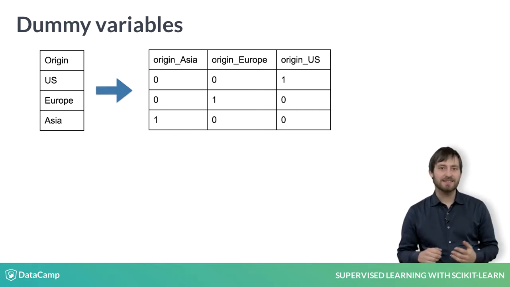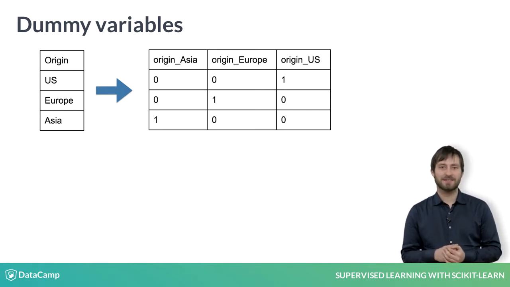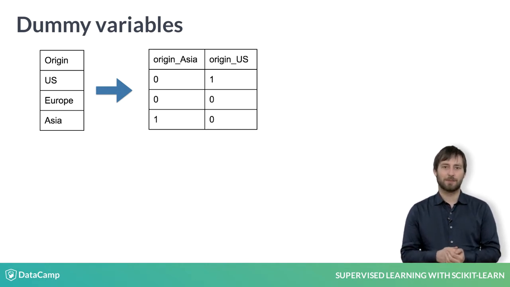Notice that in this case, if a car is not from US and not from Asia, then implicitly it is from Europe. That means that we do not actually need 3 separate features, but only 2, so we can delete the Europe column. If we don't do this, we are duplicating information, which might be an issue for some models.